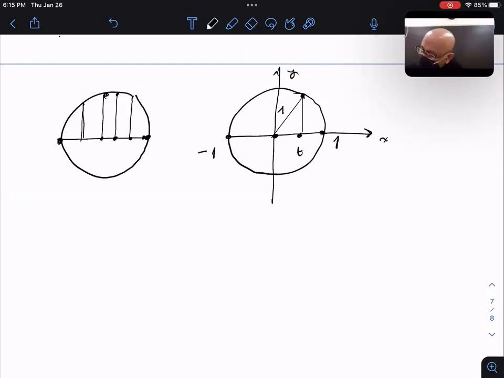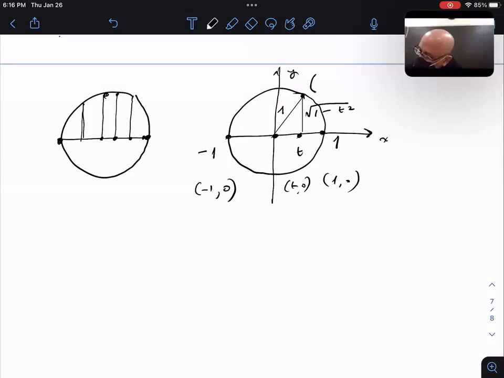Okay, so this is 1 because it's a circle of radius 1. So this is 1 minus square root of 1 minus t squared, right? If this point is t, actually this is 1, 0. This is t, 0 and -1, 0 if we are in the plane. But since it's the interval, we will just take it to be that way. So what does this mean?